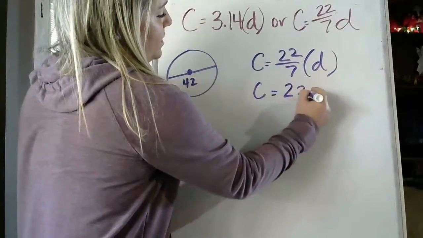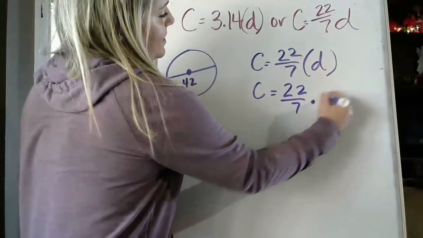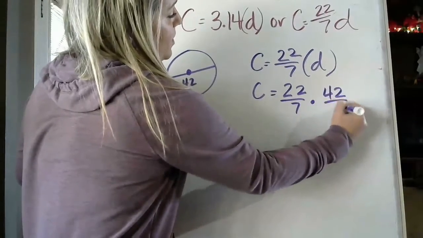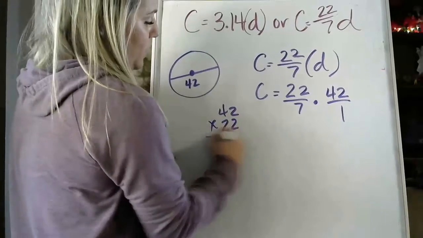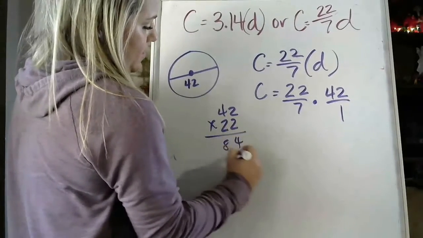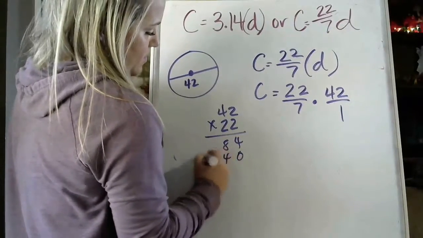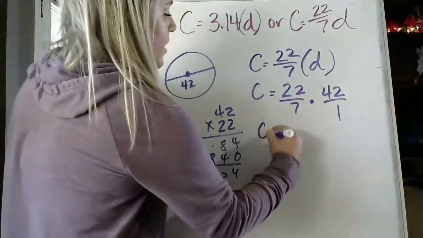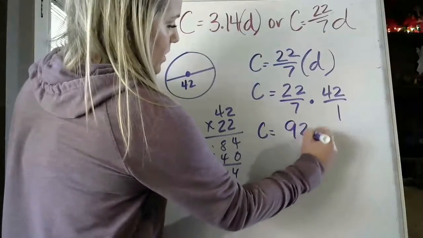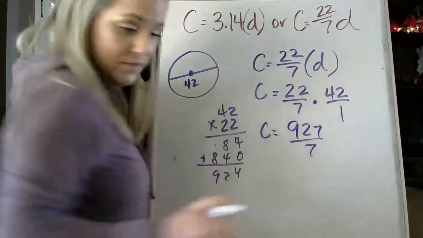So it's going to be 22 over 7 times 42 over 1. I'm going to multiply it on the side. 4, 12, 924. Okay, so the circumference is 924 divided by 7.